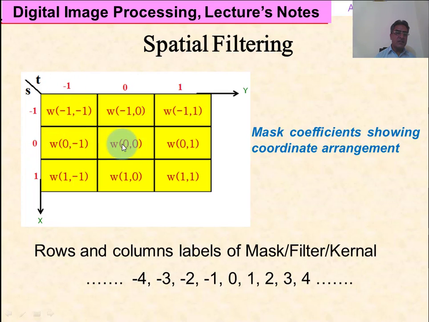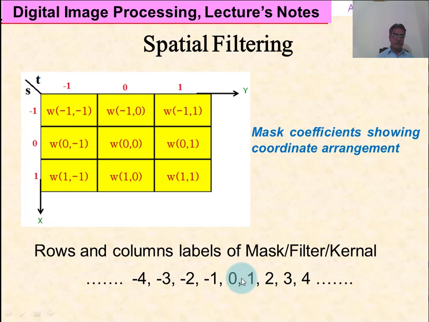Similarly, this is the 0 row, the previous row will be decremented and it will become -1, and the onward row will be incremented and will become 1. If it is a 3x3 mask, the labels of the rows and columns will be these 3 values: -1, 0 and 1.